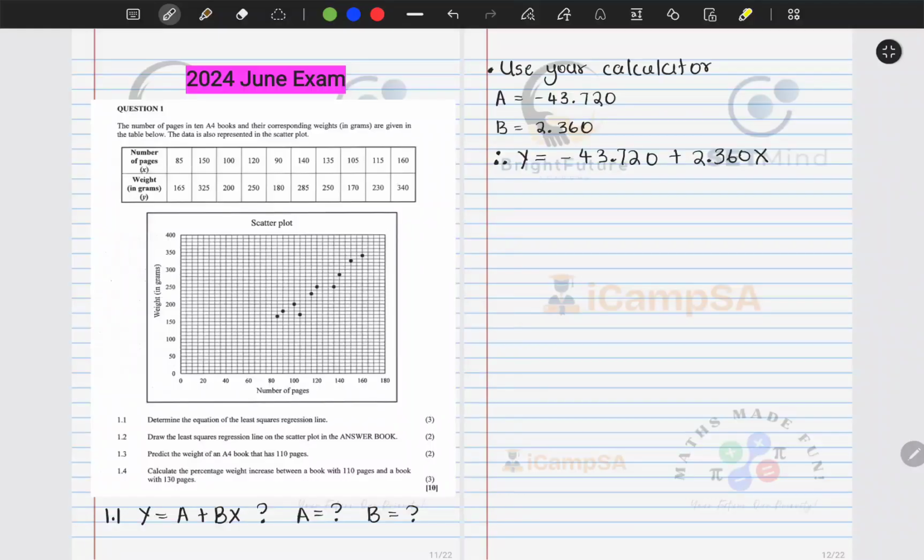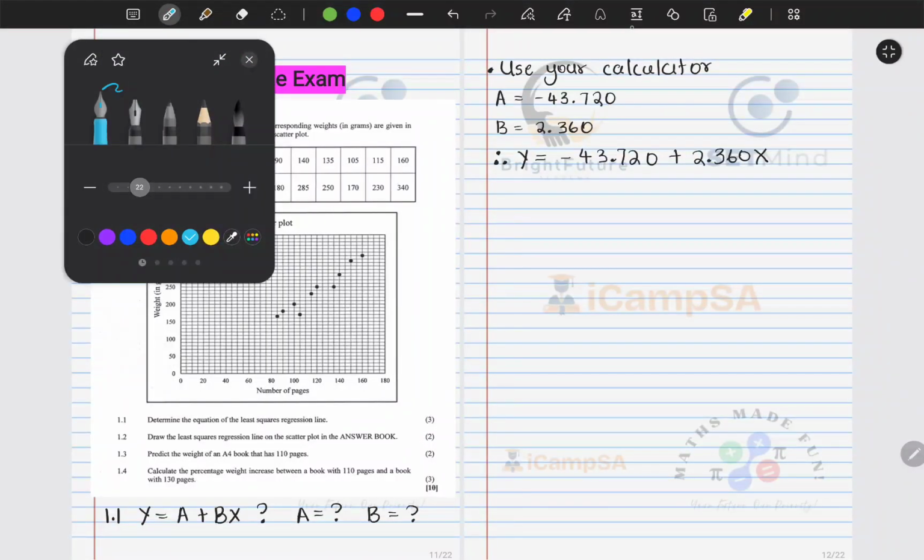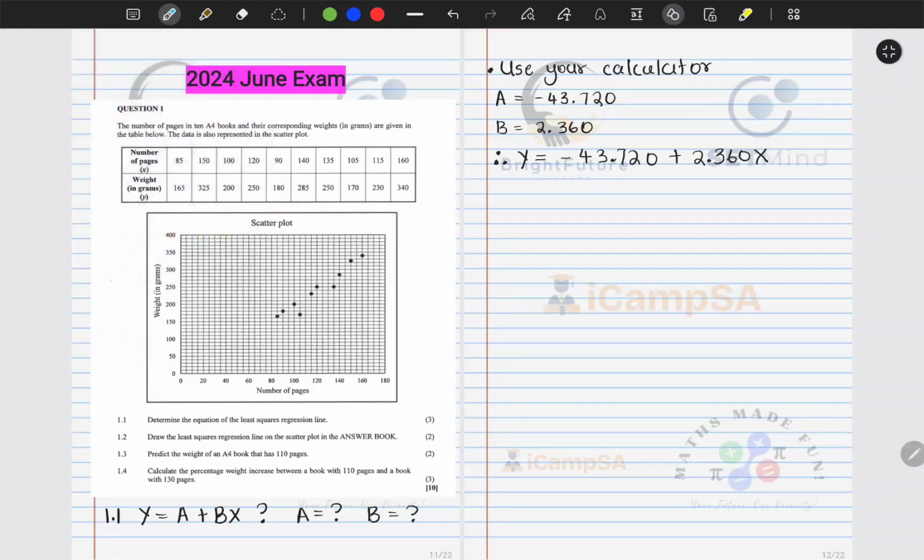And then we are required to draw the least squares regression line on the scatter plot in the answer book. There's a couple of things that you can do in order for you to get this sketch right. The first thing, if you go to your equation and you do your plots, you will be able to see that it will be going something like this, because you have other values like your 60s and whatnot.